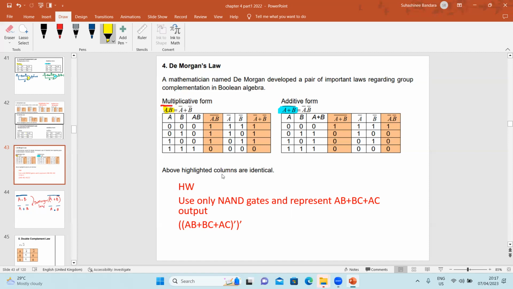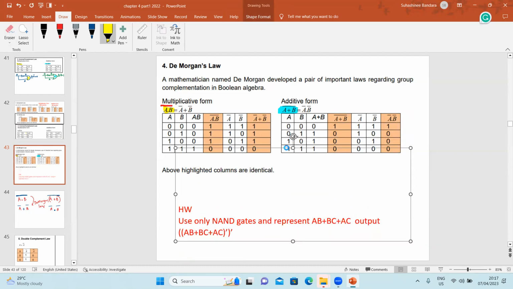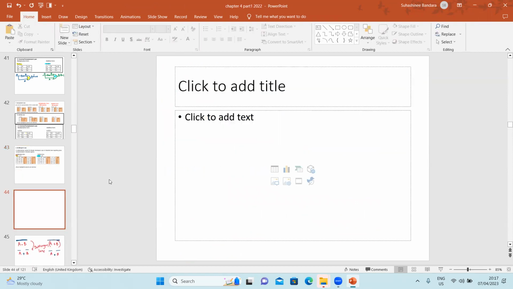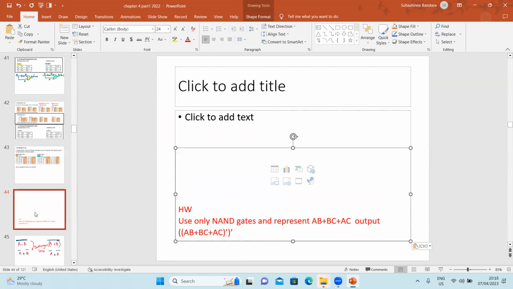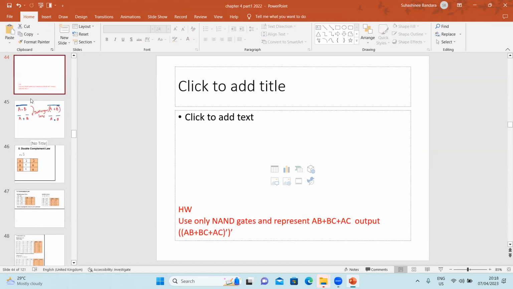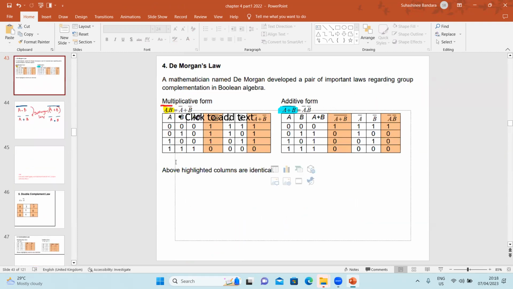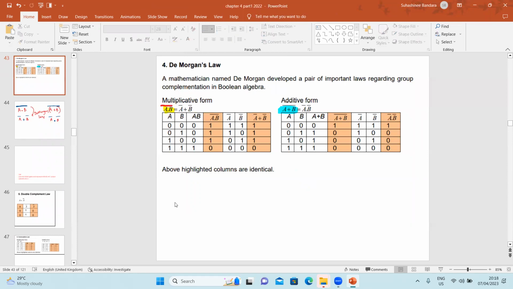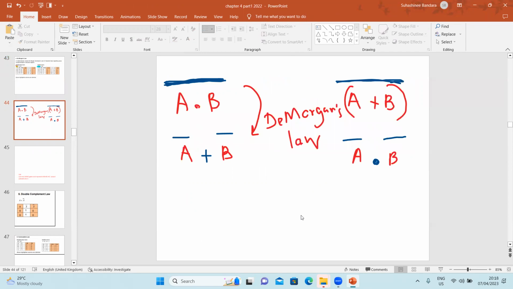By the time I draw the circuit, you better copy the logic gates. I think it is also better to keep this there.